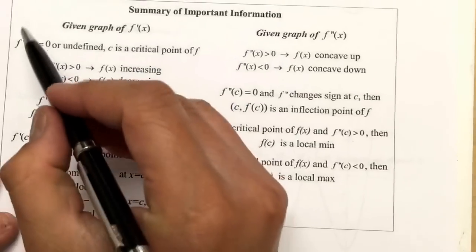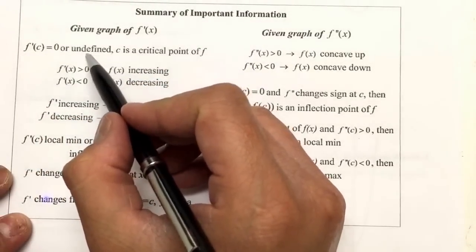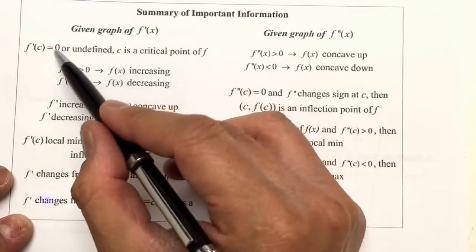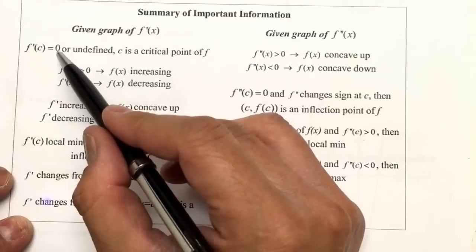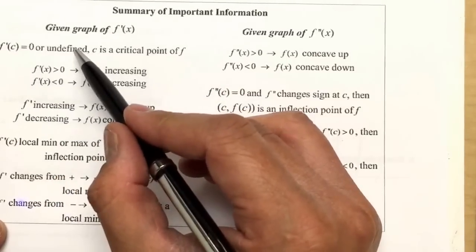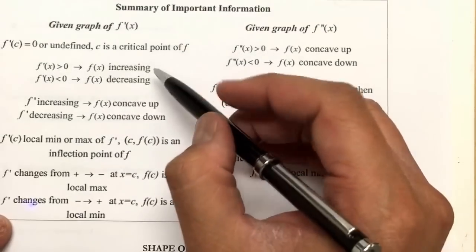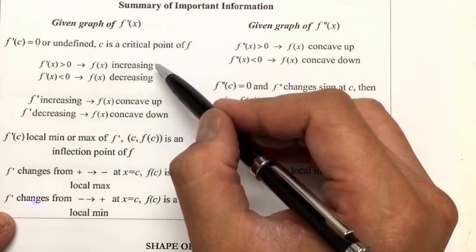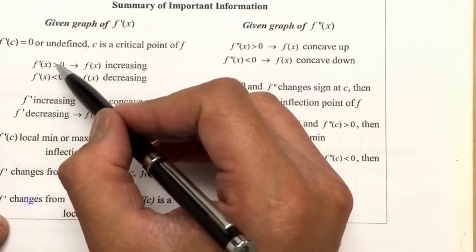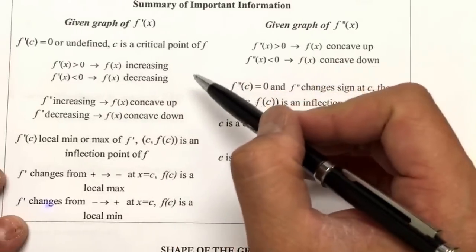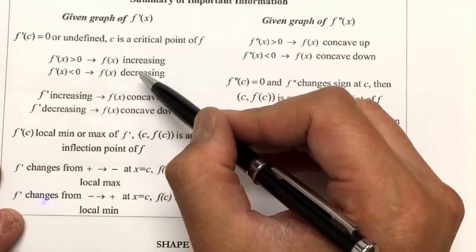Remember that critical points are the x values where the first derivative equals 0 or is undefined. And we know that a function is increasing if the first derivative is positive and decreasing if the first derivative is negative.